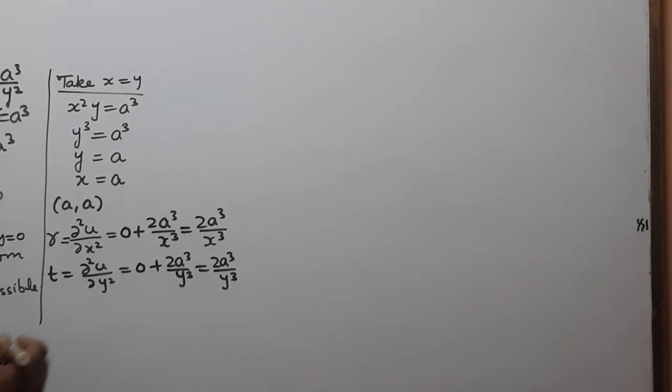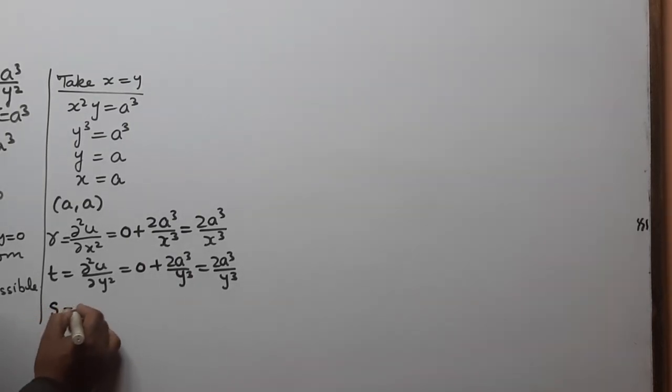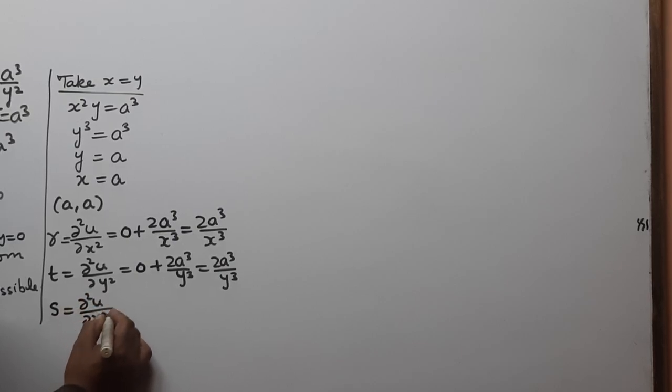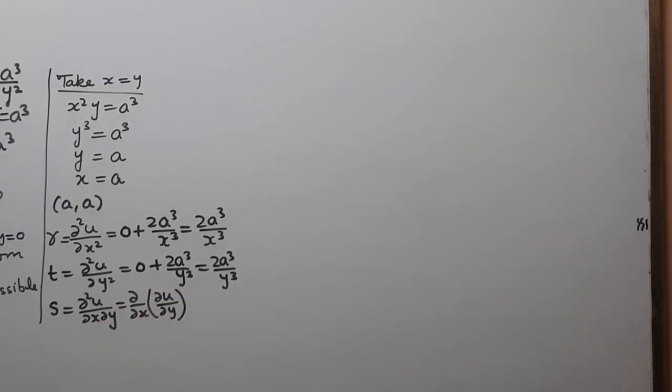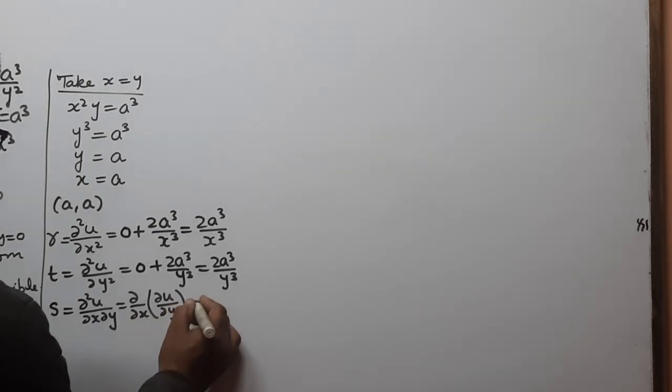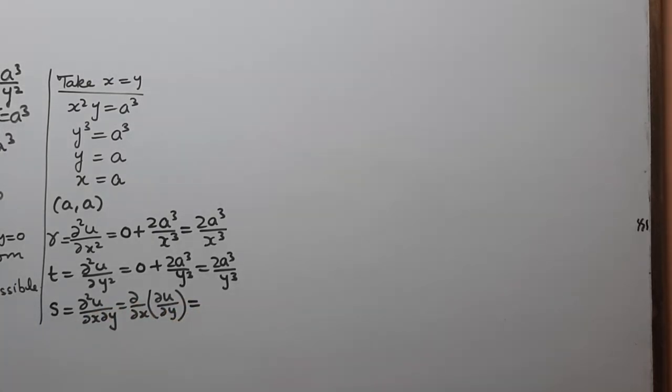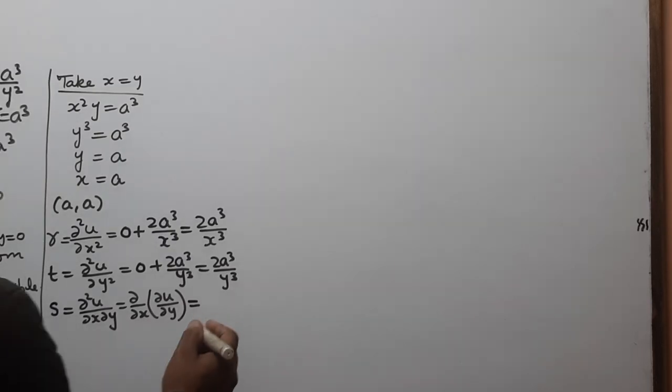Now we find the partial derivative of del u upon del y with respect to x. This can be written as del by del x of del u upon del y. When we differentiate del u upon del y partially with respect to x, we get 1.